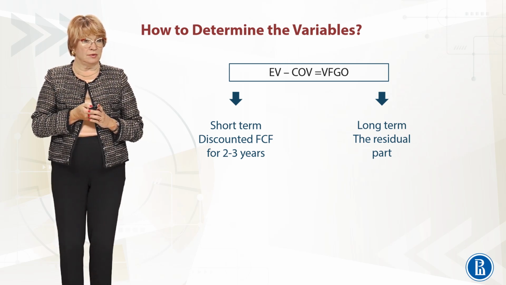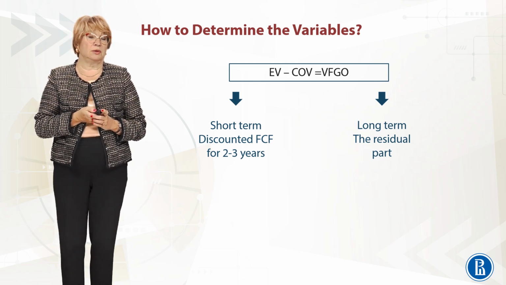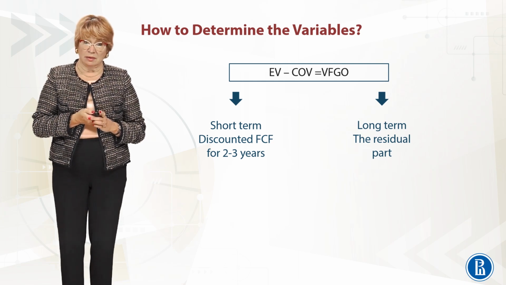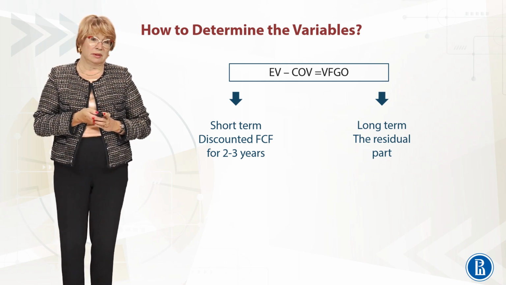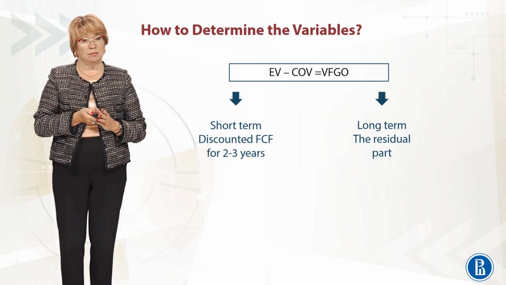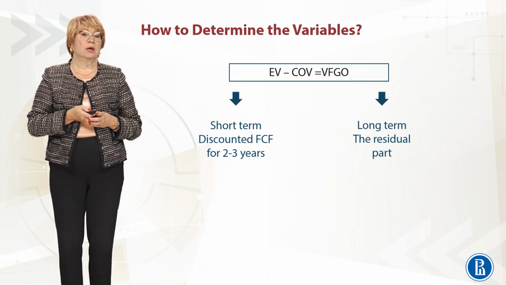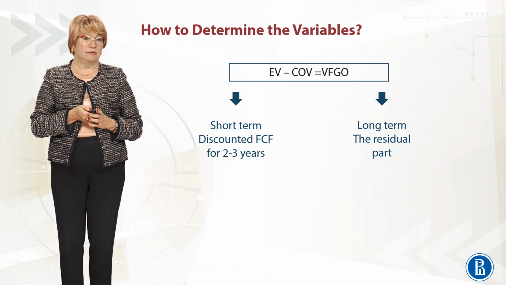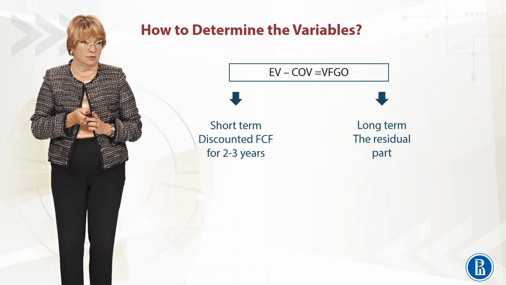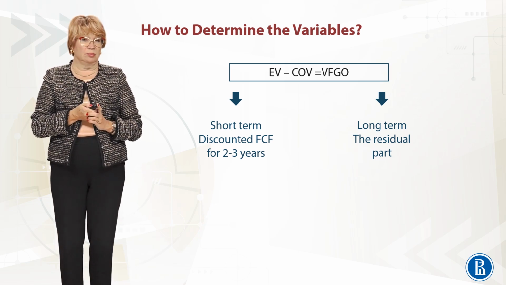And computing these free cash flows, their present values at the rate of weighted average cost of capital, and then summing these present values up, we will get the total sum of free cash flows for 2 or maximum 3 years. So we'll get the value for the short-term component in the value of future growth opportunities. And the residual part would be the long-term component.